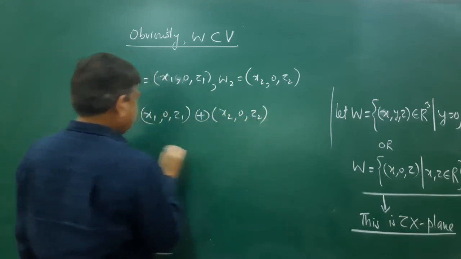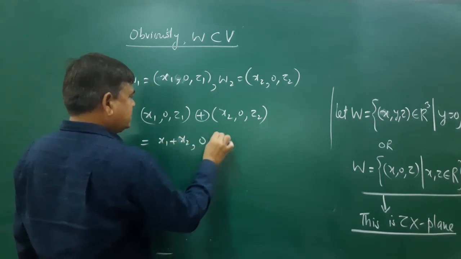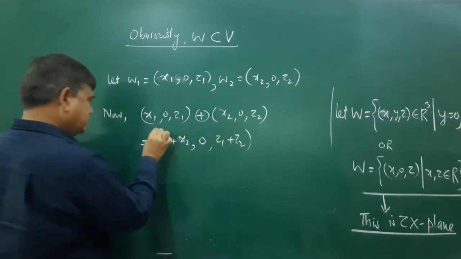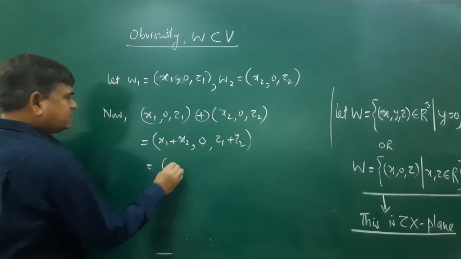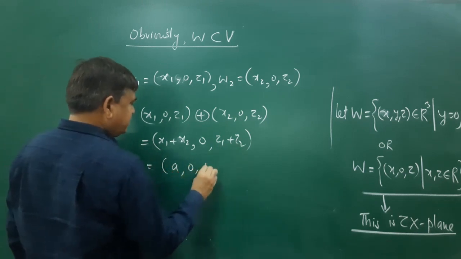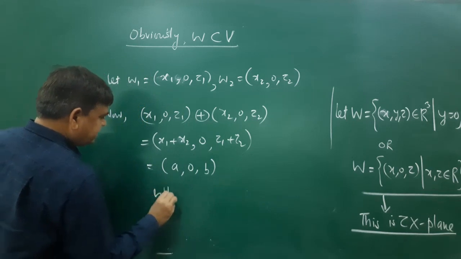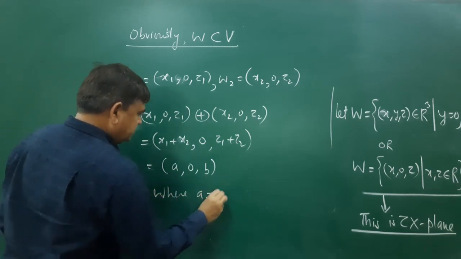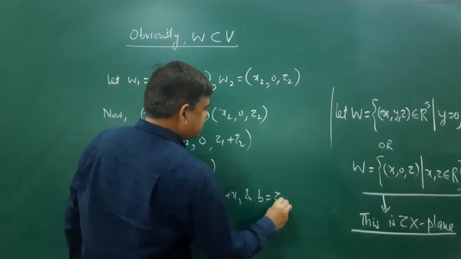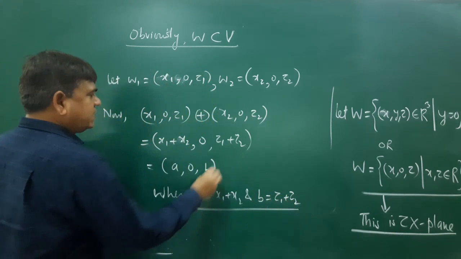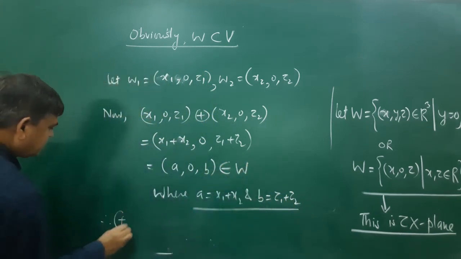Component wise addition, so it is (x1 plus x2, 0, z1 plus z2). Definitely these are real numbers, so I can say suppose it is a, 0 and here it is b, where b is z1 plus z2. Okay, and this belongs to W. Therefore, W is closed under addition.